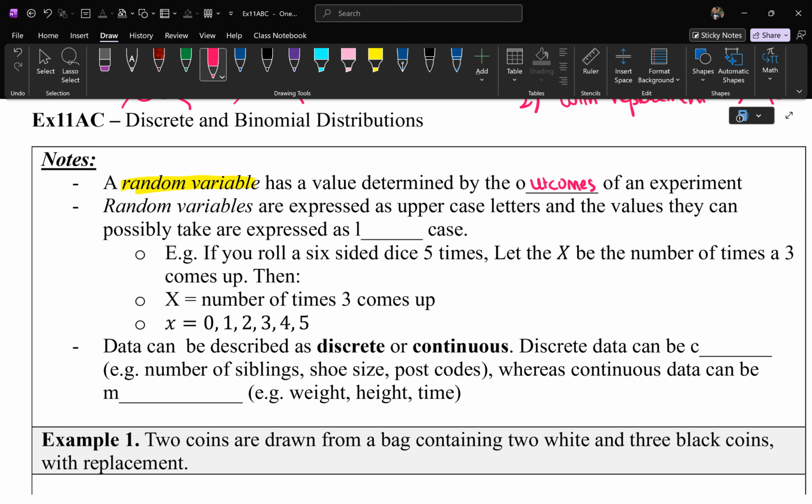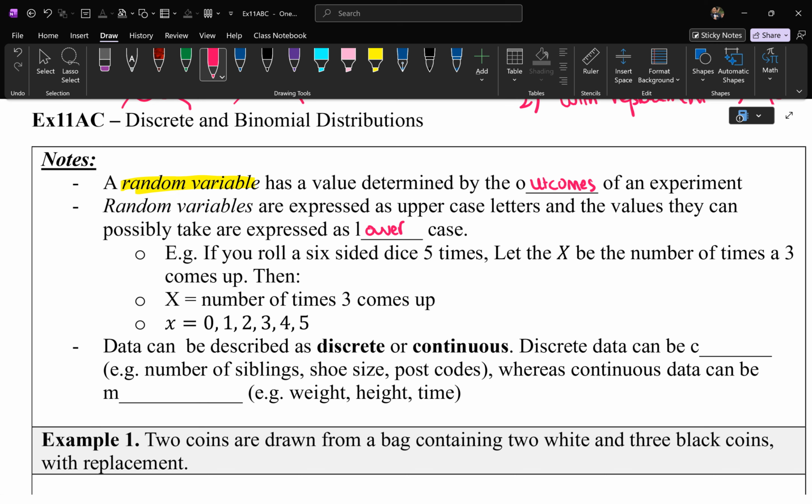Okay, so when you do an experiment like flipping a coin or rolling a dice, that's called an experiment or trial. And the outcomes that you get, it's random. So the results for it, it's random, so we call it a random variable. These random variables are expressed as an uppercase letter, meaning capital letter, and the values that they can possibly take are expressed as lowercase.